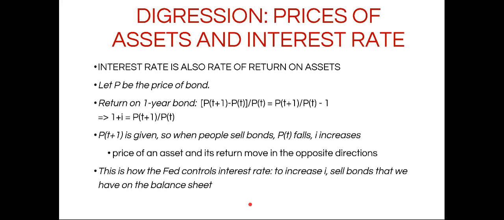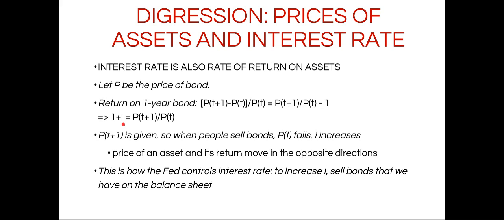Suppose the price of the bond is P, then you can compute the return on a 1-year bond as how much you get back in 1 year, P(t+1), minus how much you paid, divided by how much you paid. So it's a percentage increase in the value of the bond over the year that you own it, and we can simplify it like this. The interest rate you make on a bond is 1 plus i, and that's equal to the price a year from now divided by the price today. So it's basically a percentage increase in the value.